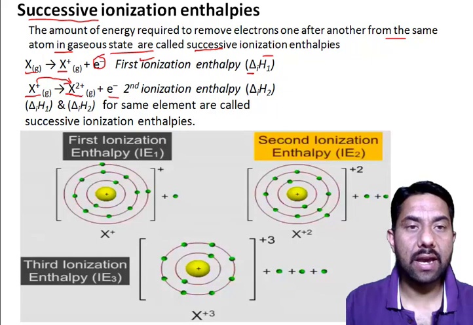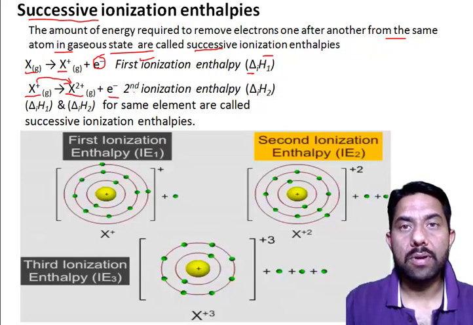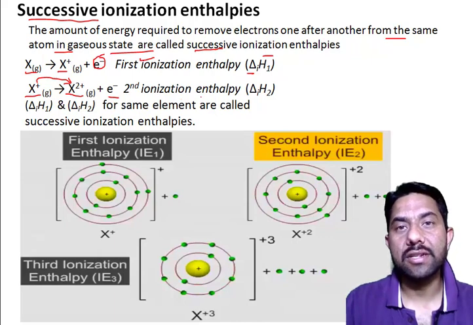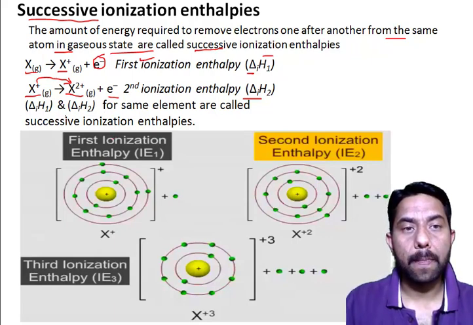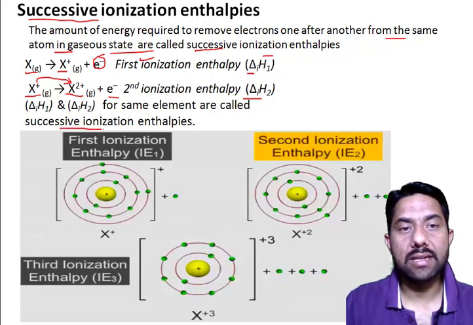So we get X2 positive. This is called the second ionization enthalpy, represented by delta IH2. These are delta H1 and delta H2, called successive ionization enthalpies. Their magnitude will vary.